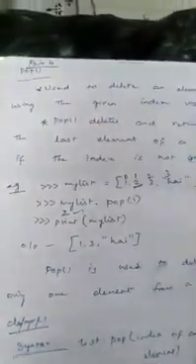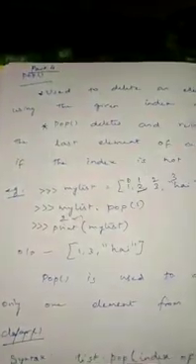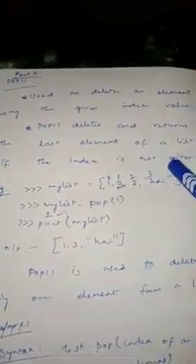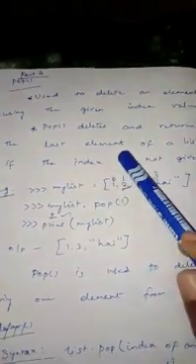Let us start now. What is the use of the pop function? It is used to delete an element using the given index value. If you give the index value, the pop function will delete the particular element. Suppose the index is not given, the index is not known, the pop function deletes the last element of the list.